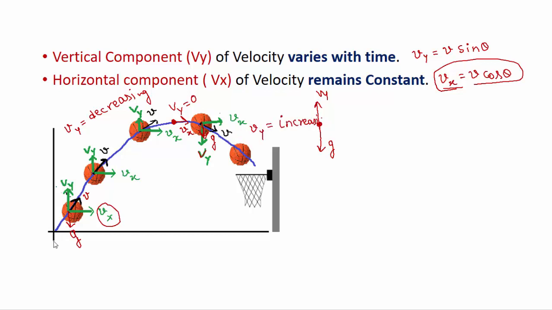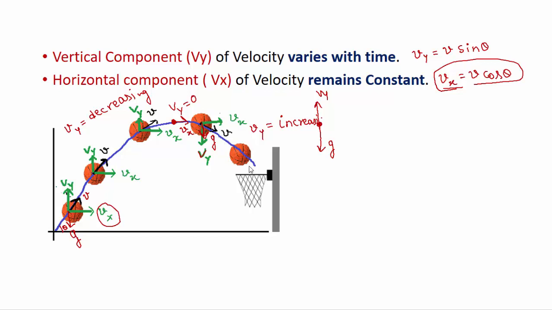Let's summarize it. When a ball is thrown up at some angle theta, its horizontal component Vx remains constant and the vertical component starts decreasing under the effect of gravity, and at the top the vertical component goes to 0, only the horizontal component Vx remains, and then the ball starts coming down under the effect of gravity.